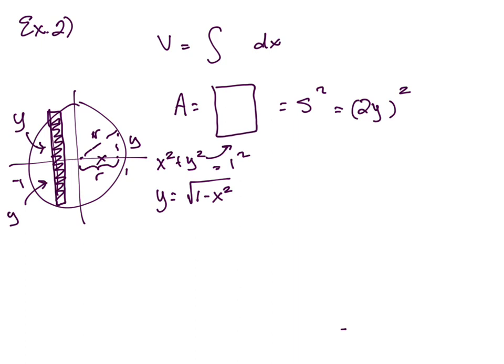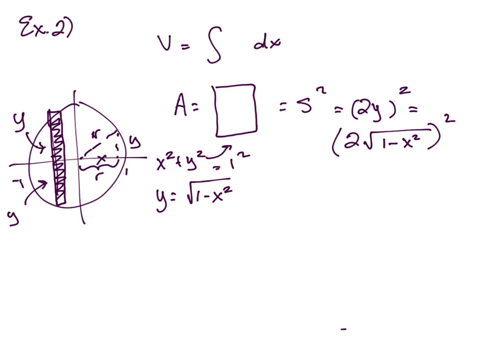So we can get rid of the square root side. No, no, because it's 2 times the square root of 1 minus x squared, all squared. This is your area formula. Questions on how we came up with that?